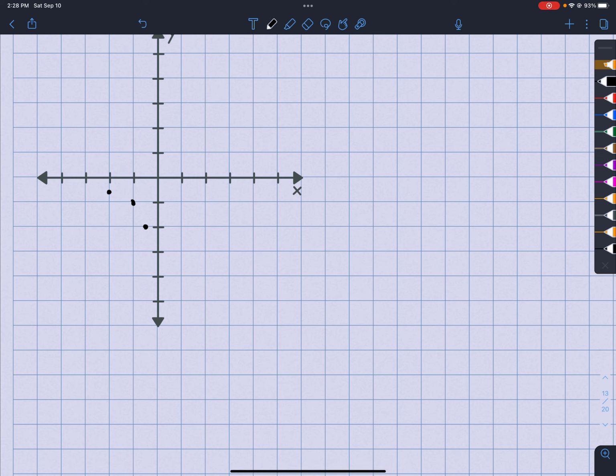All right. So what is this graph going to look like? It's going to look something like this. Not like that. Or that. Or that. Okay. There we go.